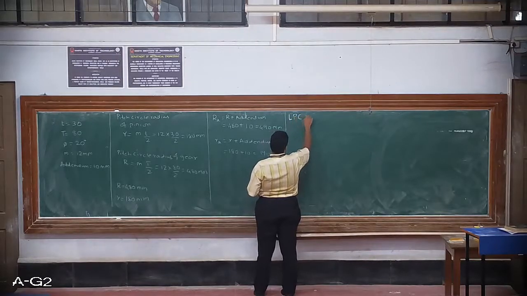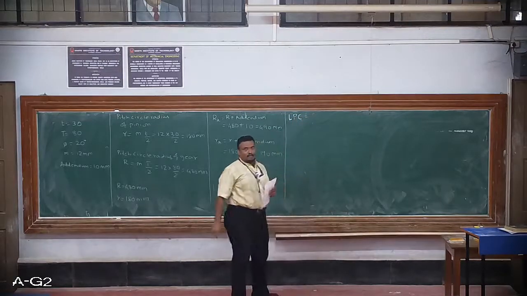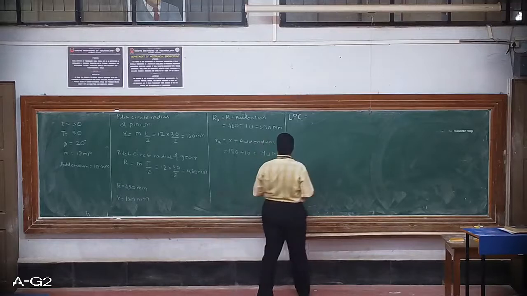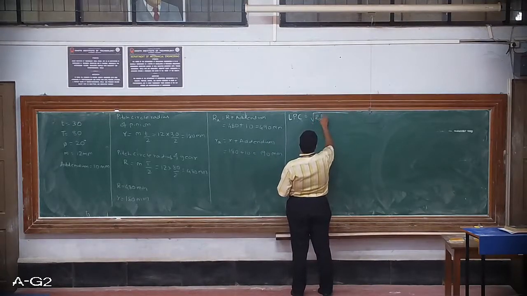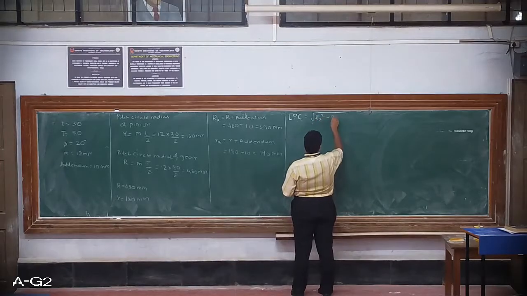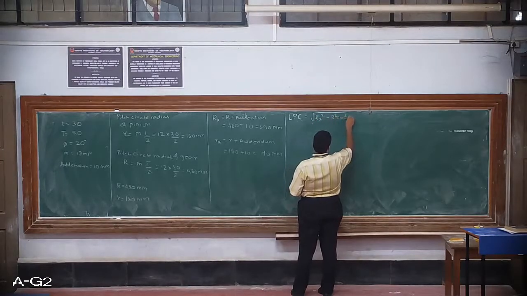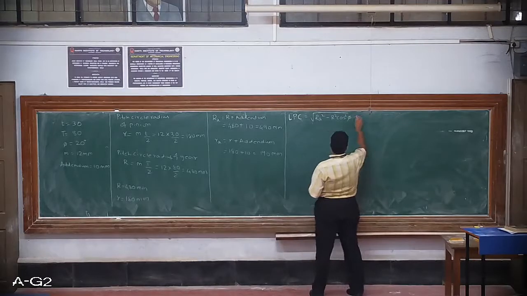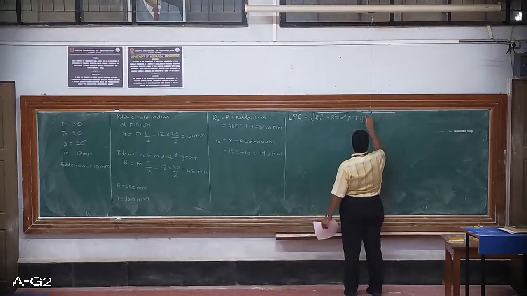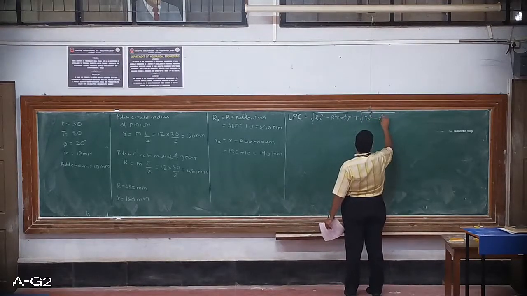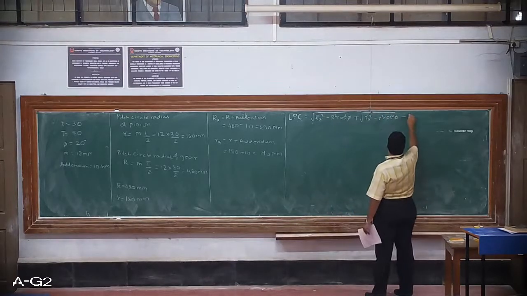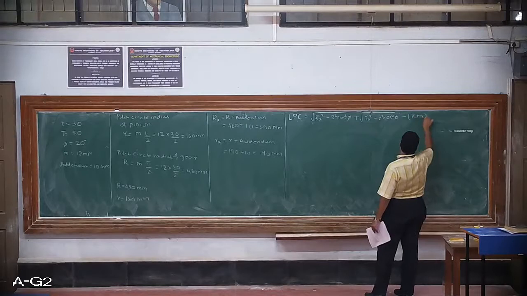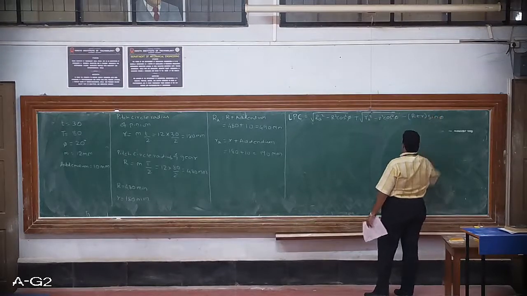So for you to understand, length of path of contact is given as root of RA square minus R square cos square phi, plus root of small RA square minus small r square cos square phi, minus (capital R plus small r) sin phi.